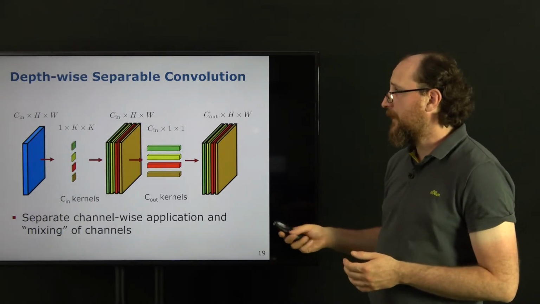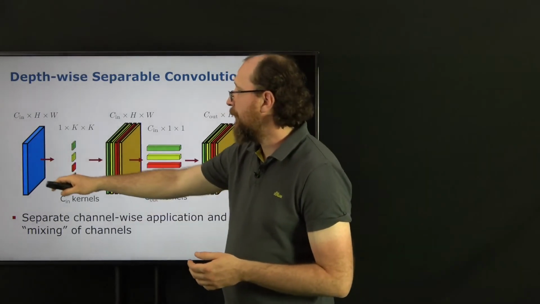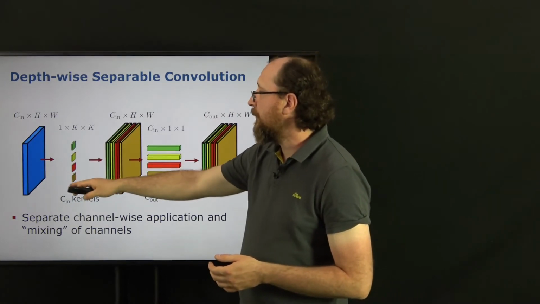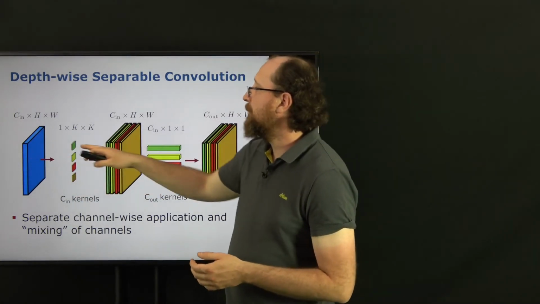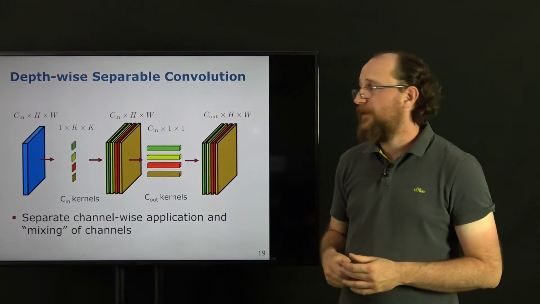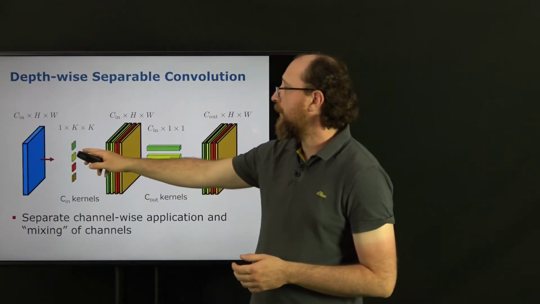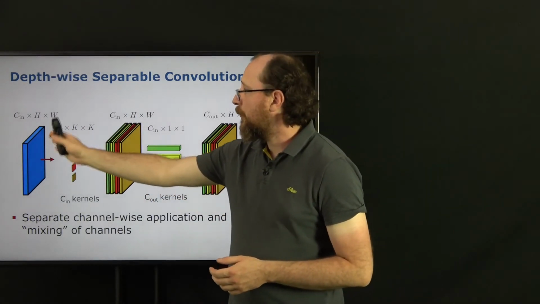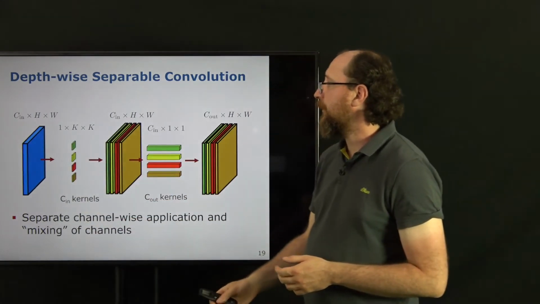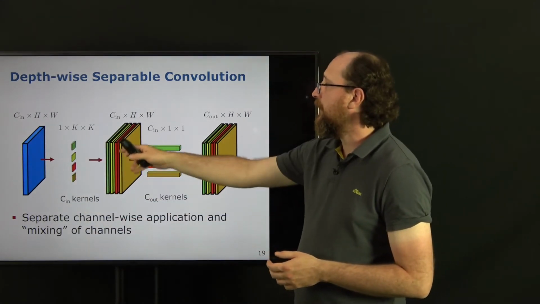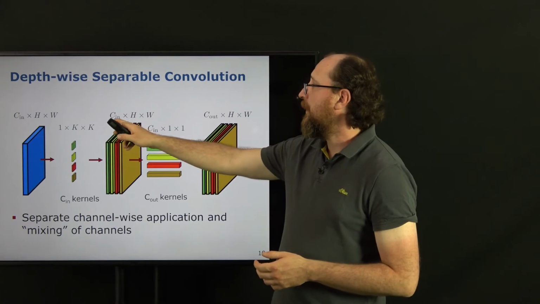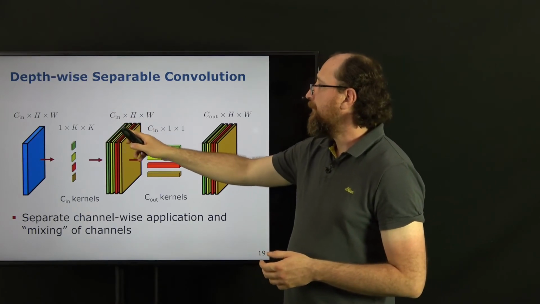So we have again the feature map that comes from before, and we are not applying the convolutions on all channels of the feature map, but have first convolutions that are working on just one of the feature channels. And this produces the same number of channels in between.